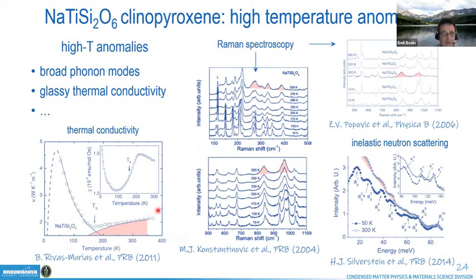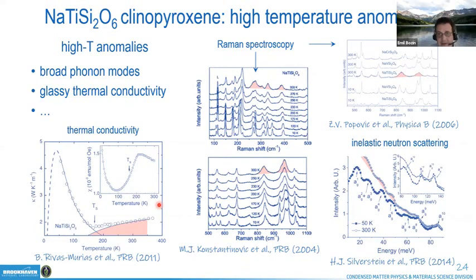And then you also have this glassy thermal conductivity at high temperatures. So people have speculated that this is somehow related to disorder in the orbital sector, that there is some kind of fluctuations in orbital occupancy or whatnot. But this was really never fully understood.